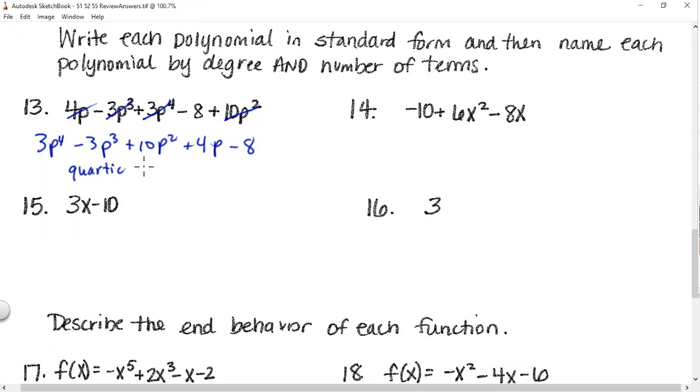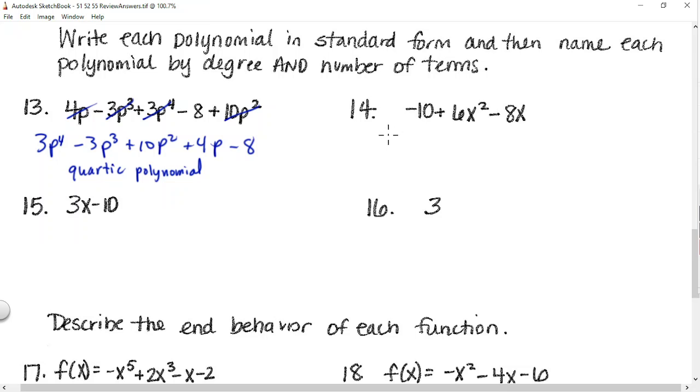So it's quartic, and then you look at the number of terms. Anything that has this many terms, okay, that's just a polynomial. Okay? So once it gets over 3, you just call it a polynomial. And this has 5. Okay, so the next one, let's put this in standard form.